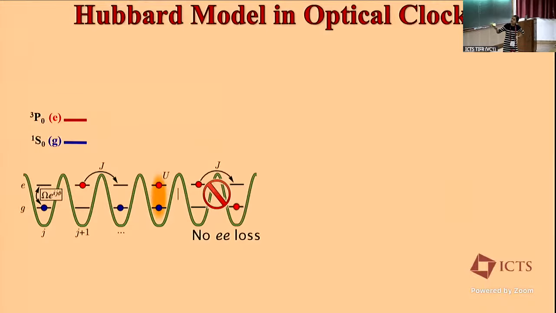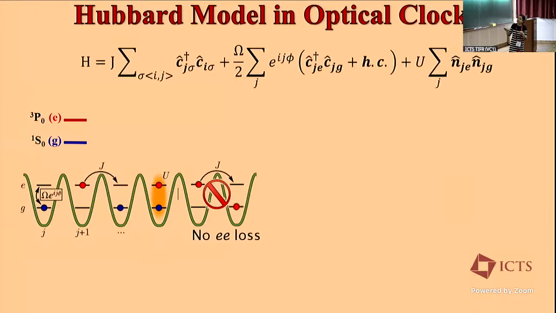This system is described by the so-called Fermi-Hubbard model. The Fermi-Hubbard model in condensed matter describes the motion of electrons in 3D or 2D crystals, characterized by nearest-neighbor hopping and by on-site interactions, because when you have two particles with different spin, they are going to have an interaction energy U.